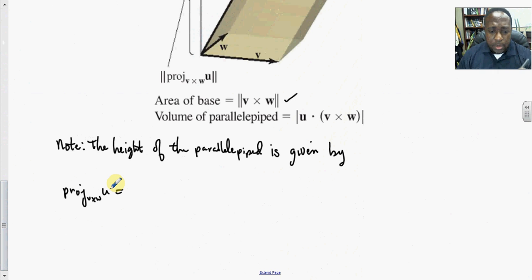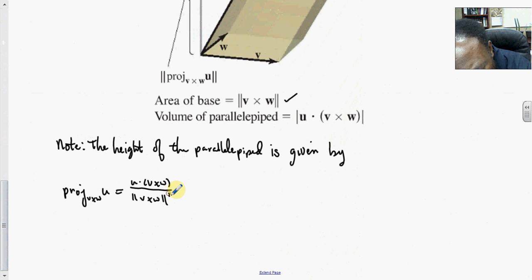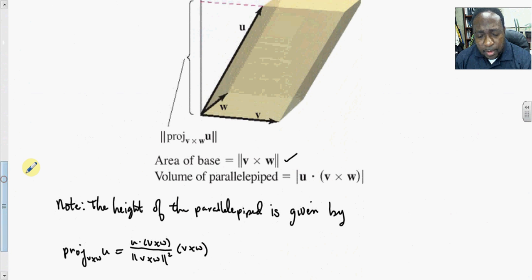Just have to make that bigger, I suppose. Now, based on the previous section and how this was defined in the formula, this is the dot product of u with v cross w, all over the norm of v cross w squared, and then this is times v cross w. Now understand that when you talk about the measurement of something, the length of something, it's the magnitude. And to be able to calculate that, we must calculate the norm.